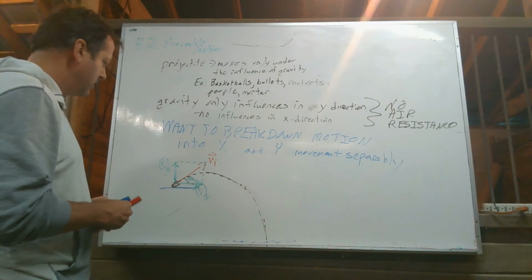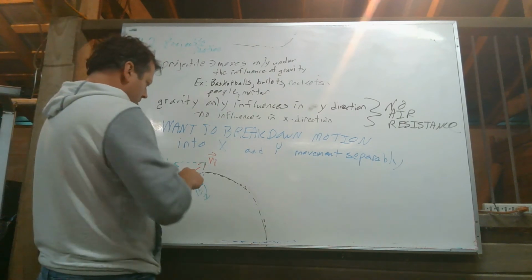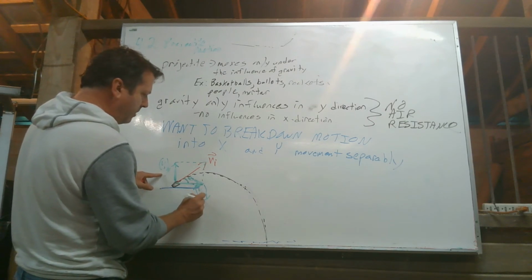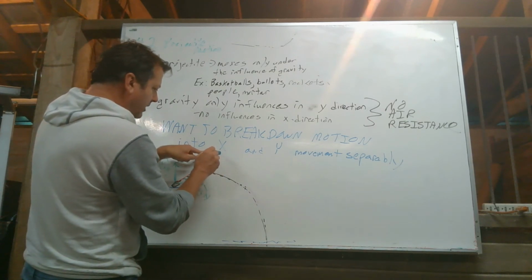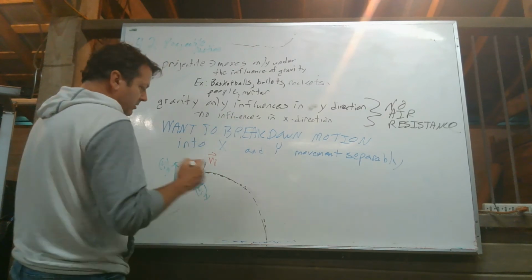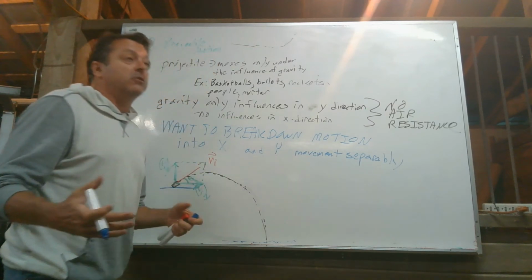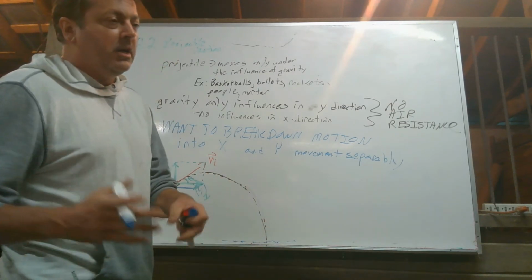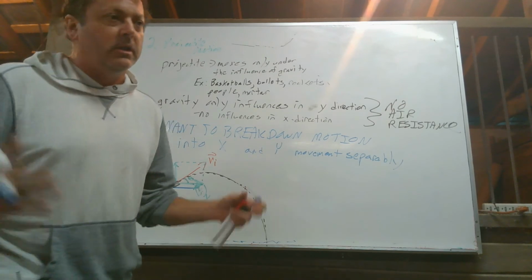Now, let's find these X and Y components in terms of the initial velocity at some angle theta. So if you remember from last lecture and you read your previous notes before you started watching the video, like you always should, because you need to know what we just did because it's a continuation.